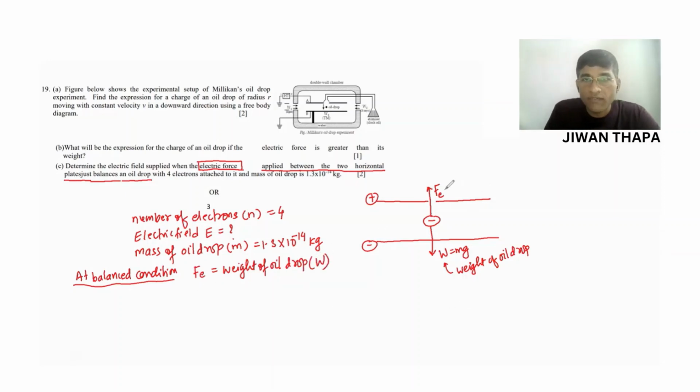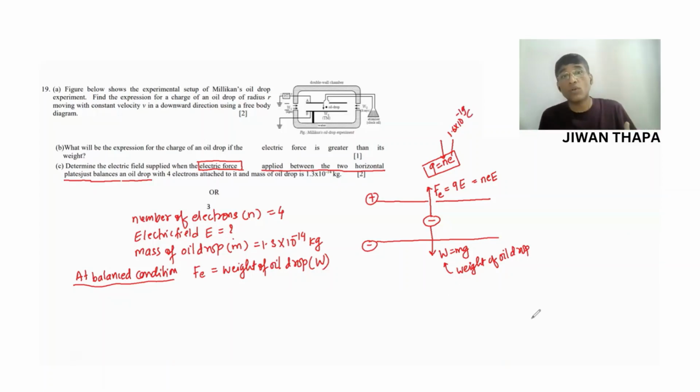And we know electric force equals Q times E, and we can write it this way: n small e times capital E, because we know Q equals NE, where N is an integer and small e is the charge on a single electron. So small e equals 1.6 × 10^-19 coulomb.